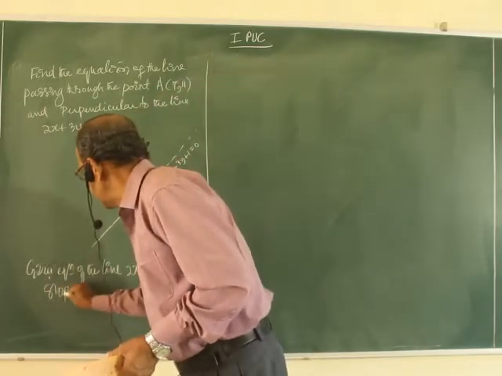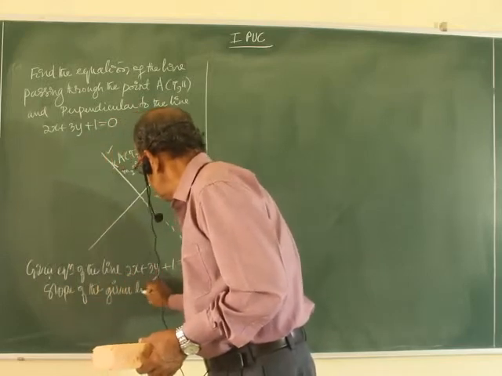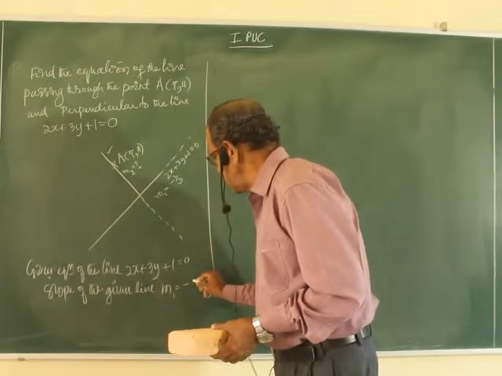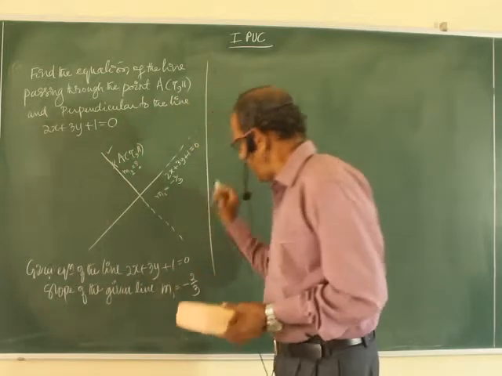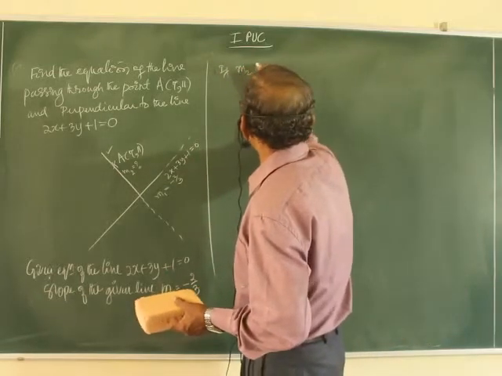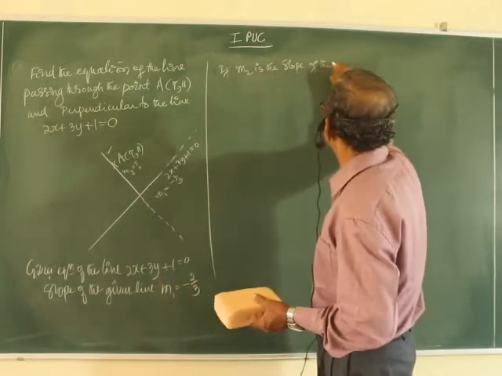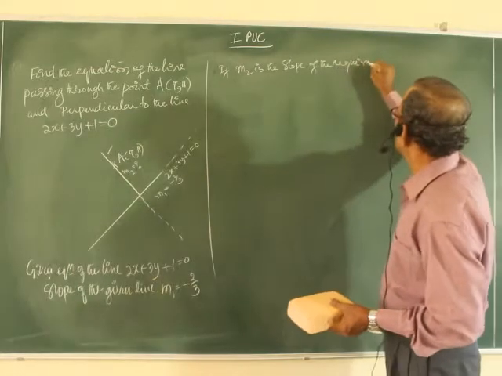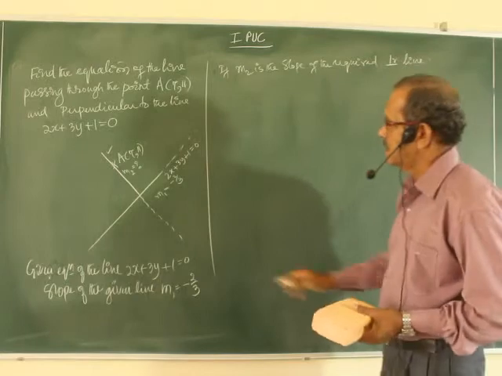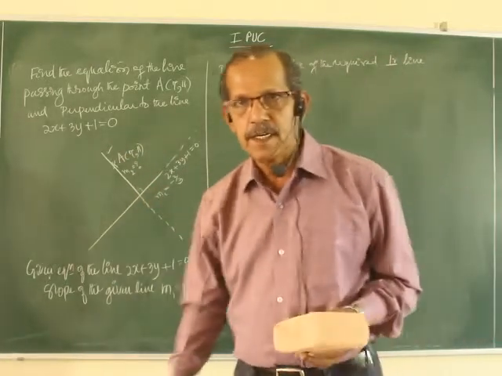Slope of the given line, m1 equal to minus a by b. If m2 is the slope of the required perpendicular line, actually it is not given. They have only given that it is perpendicular. Slope is not given, so let me calculate.